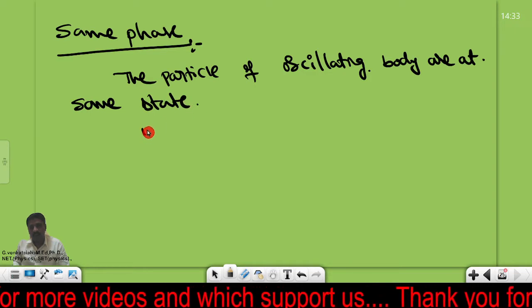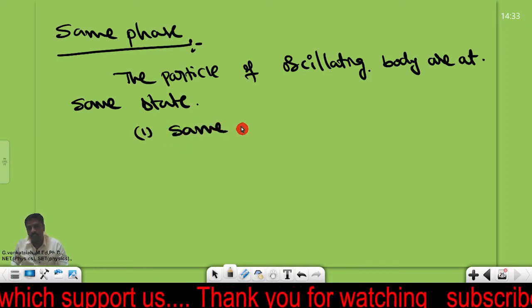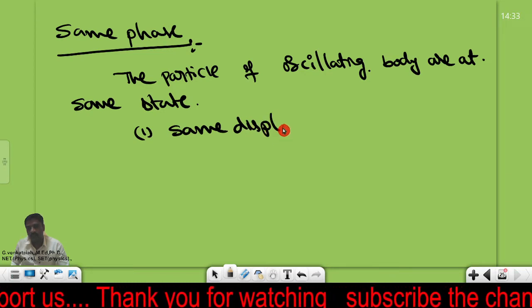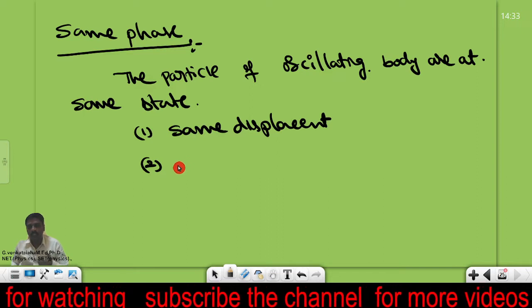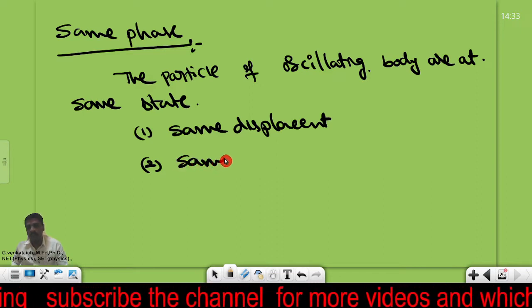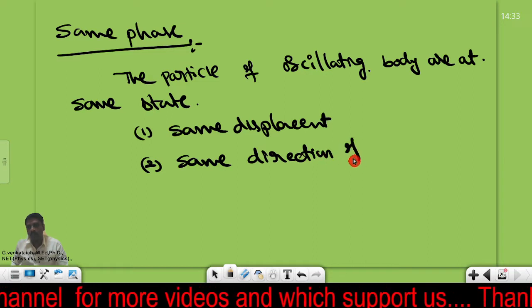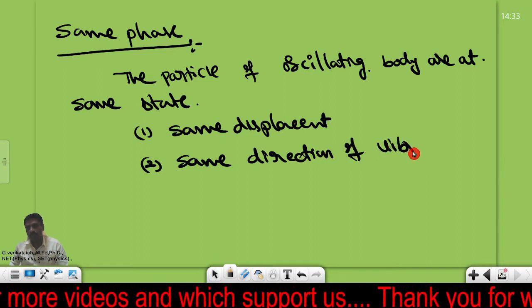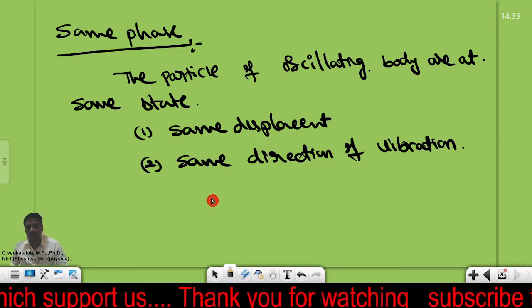Same state means they have the same displacement, and they have the same direction of vibration. Then we say they are in the same phase.